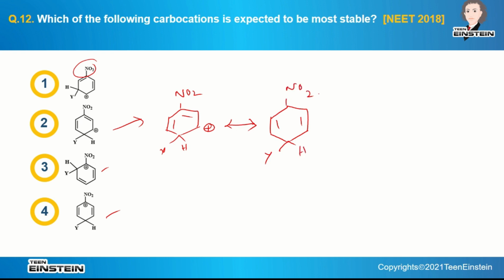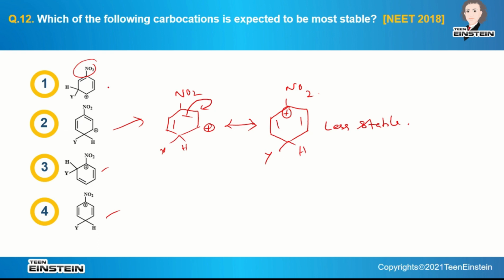So here this bond goes to the ortho position and forms the carbocation directly next to the nitro group. So after resonance also the carbocation formed is directly attached to the nitro group, so it is less stable, which is mainly due to the electron withdrawing effect of the nitro group.